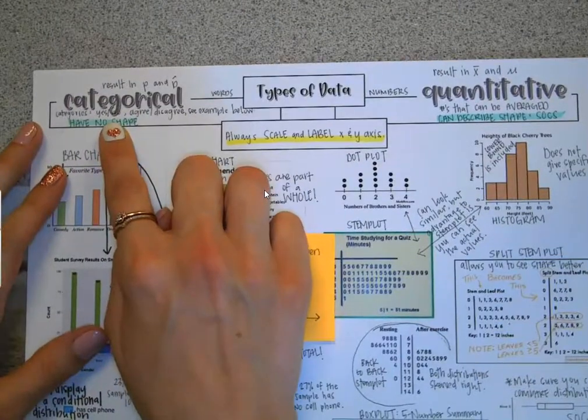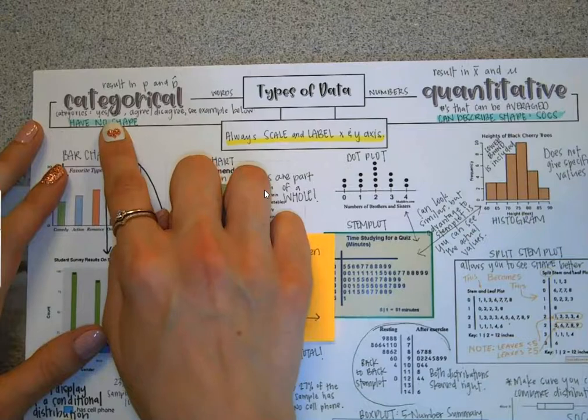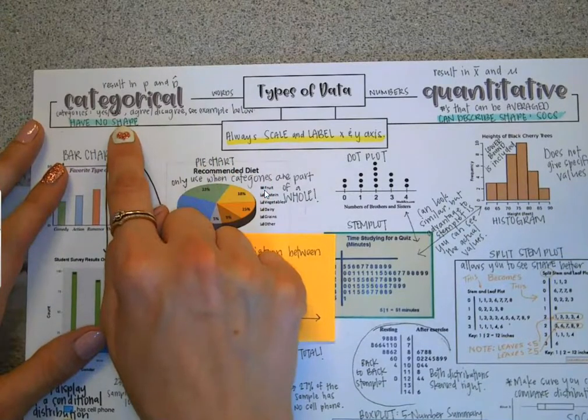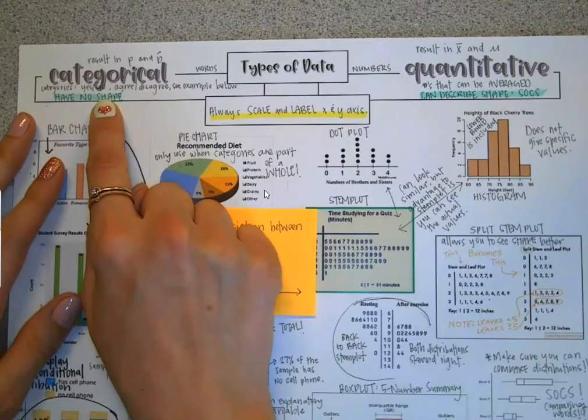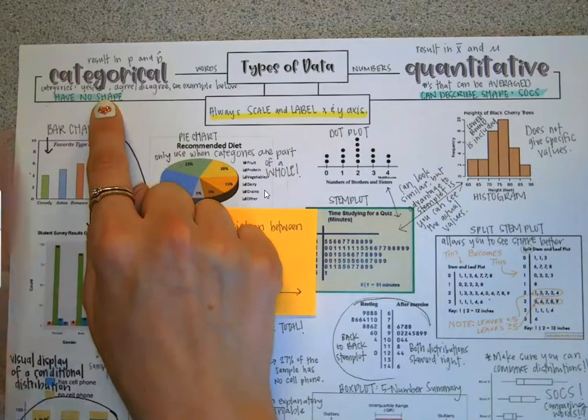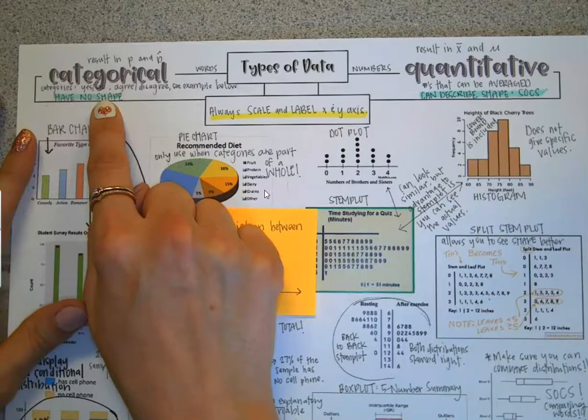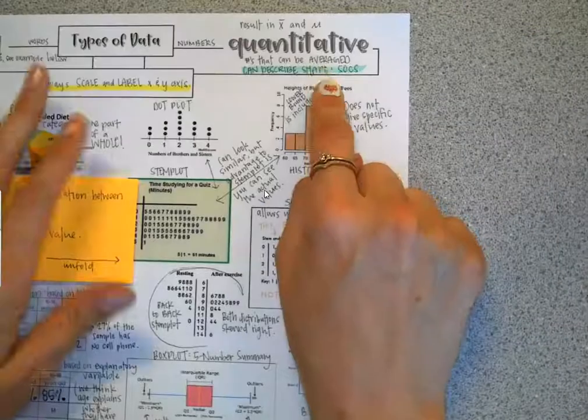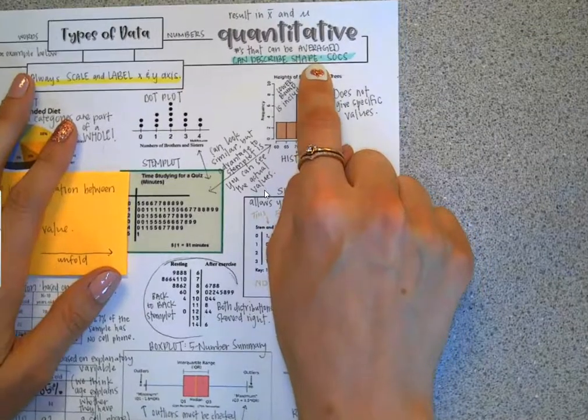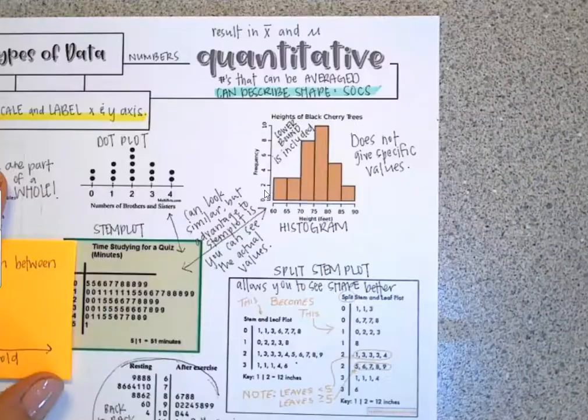Categorical data has no shape. You will never do shape, center, spread for categorical data, ever. So you do not do shape, center, spread for categorical data. Quantitative data is the only one that you actually do SOCS for.